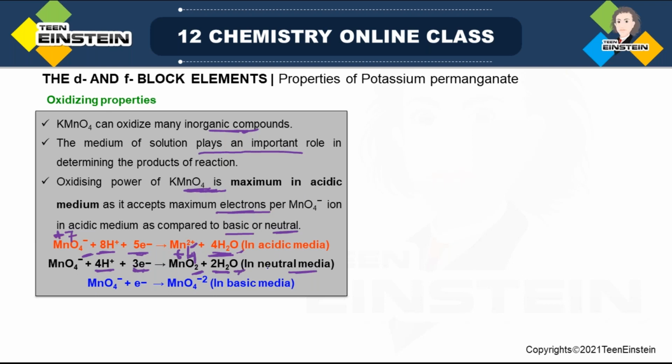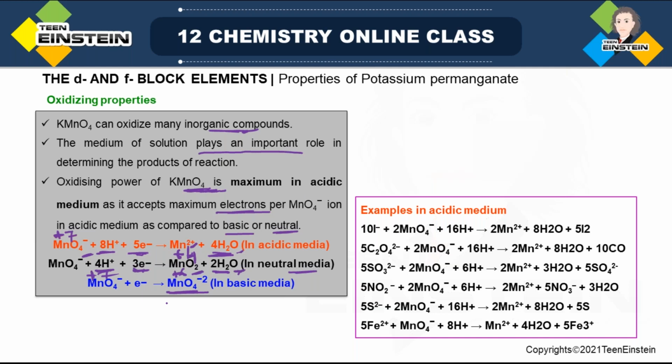Okay, so though it is neutral media, here we have written H plus because it is an ionic equation, so it seems as if it is acidic medium, but actually it is not. Okay, and if it is basic medium, then MnO4 minus is converted to manganate ion, MnO4 2 minus. So from +7 now it is +6. That means it is simply gaining 1 electron. Okay.